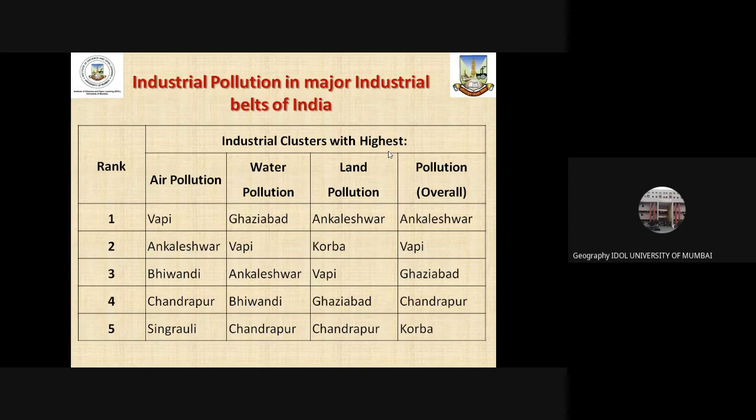And overall pollution, may it be land pollution, water pollution, or overall kind of pollution, Ankleshwar ranks first, followed by Vapi, Ghaziabad, Chandrapur, and Korba. So these are the important industrial belts where pollution is created, and they are ranked based on their level of pollution. Now these are industrial hotspots in India.